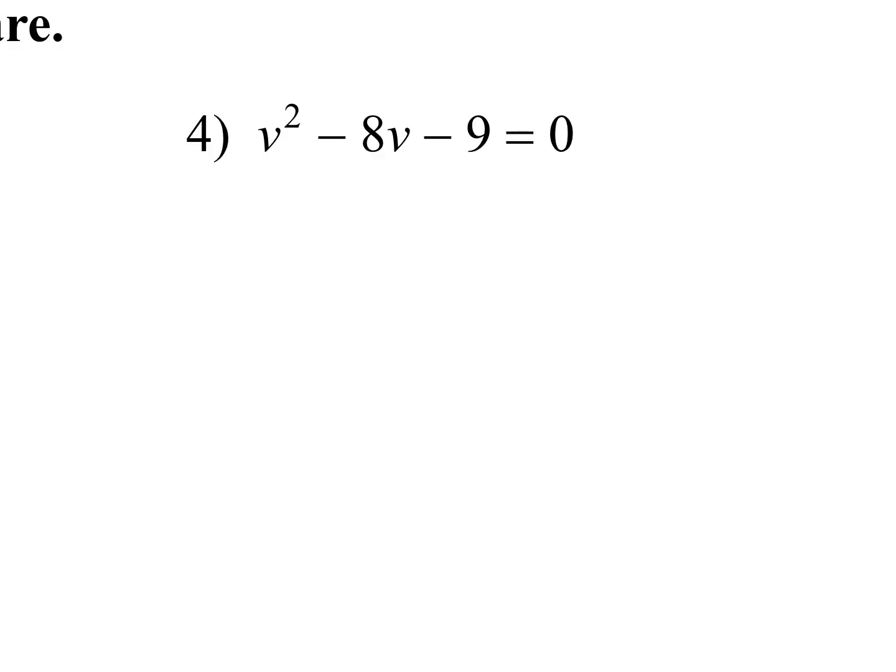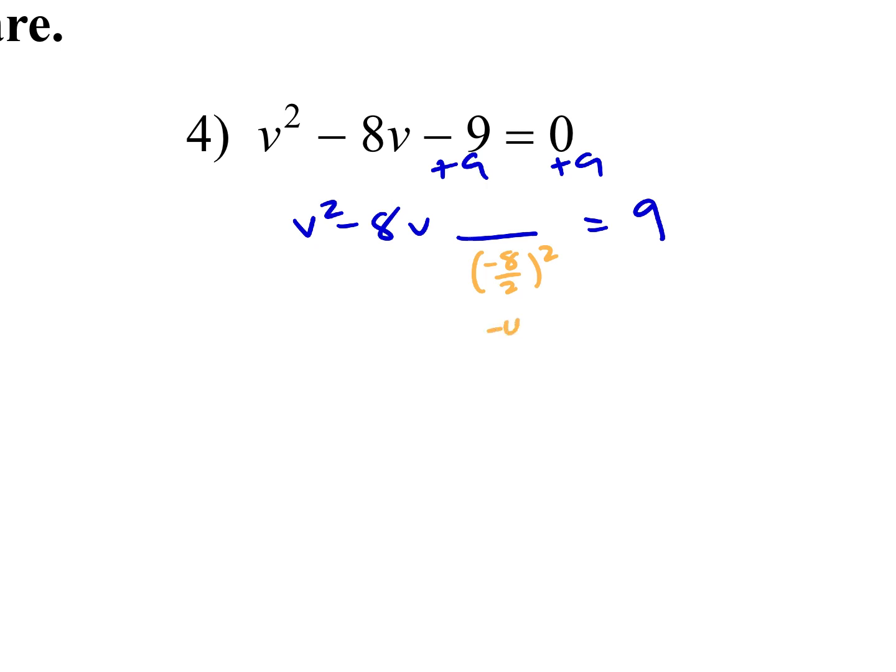What should I do first for number 4? Add 9. So I have v squared minus 8v is equal to 9. What's next? B over 2, and what's b? So negative 8 over 2 squared. What's negative 8 divided by 2?